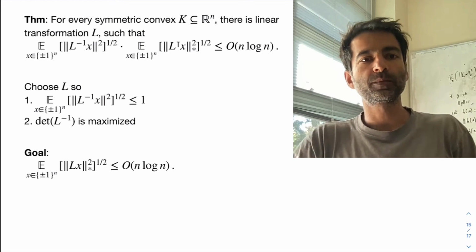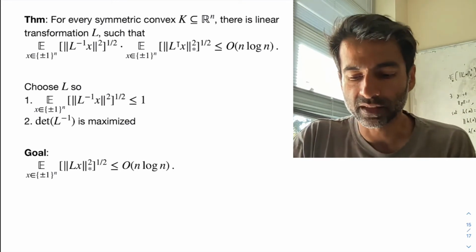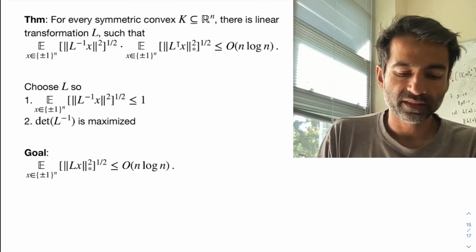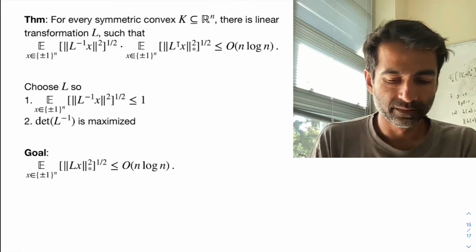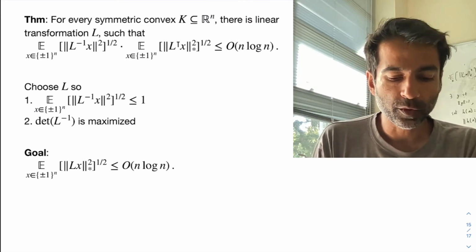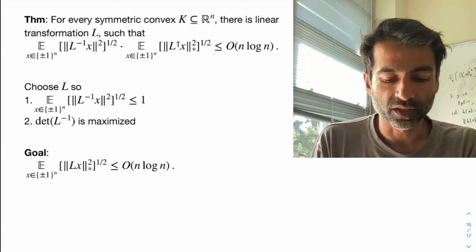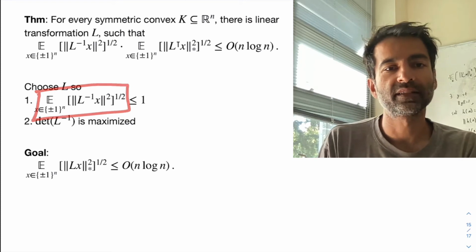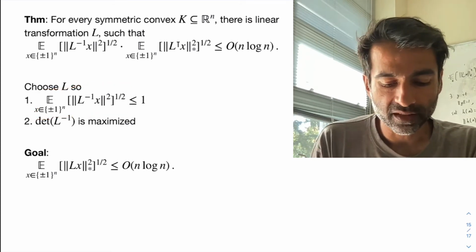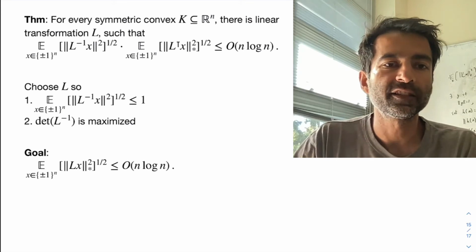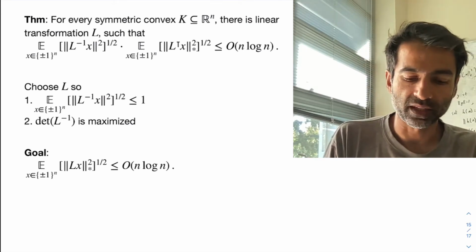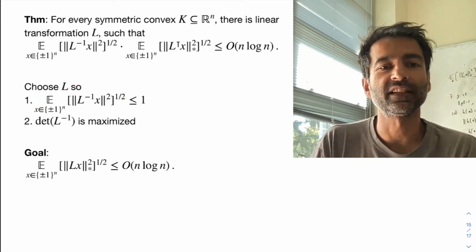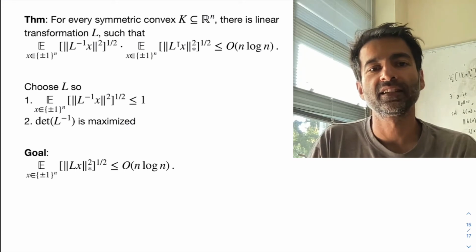So now we want to prove this theorem, and here's how we'll prove it. We're going to choose L. Consider all the linear transformations L such that this quantity is at most 1. Now this quantity corresponds to finding the ellipsoids that are approximately contained within the convex body.